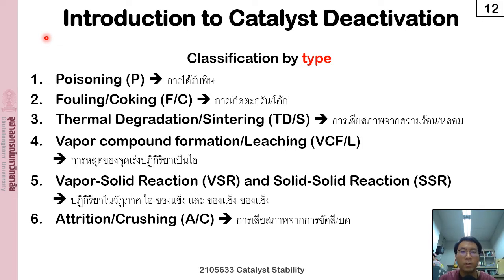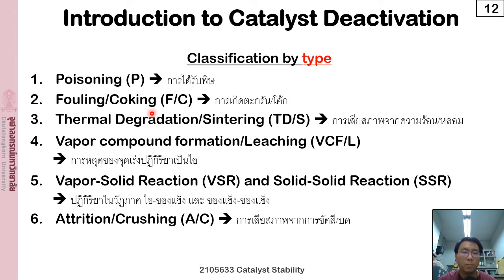The fourth one is the vapor compound formation or leaching. This one is a loss of the active site by leaching of the active site from the support. The fifth one is the vapor-solid reaction and solid-solid reaction. These reactions cause the loss in activity of the active site.